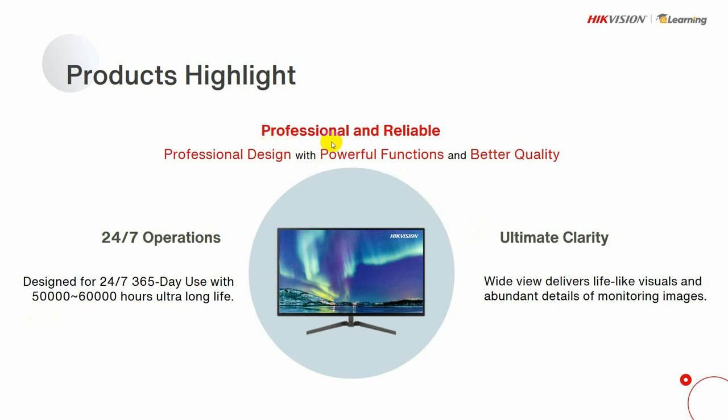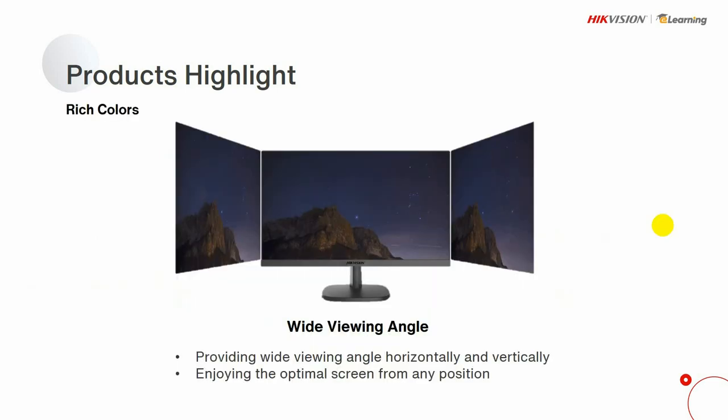And it's professional and reliable. It has a professional design with powerful functions and better quality. And also it has ultimate clarity. It provides a wide viewing angle horizontally and vertically. You can enjoy the optical screen from any position, in order to find more details in the preview of a camera, for example, right?